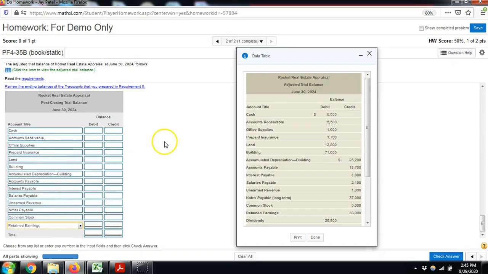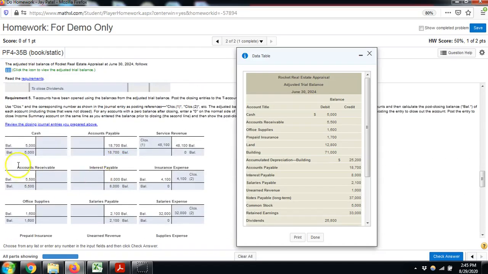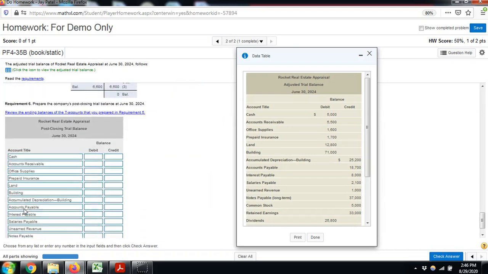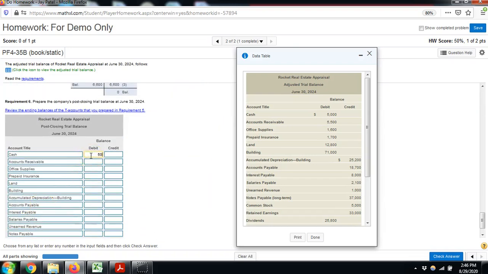And so if we go back up here, we can find all the balances. Like we see cash has a debit balance of 5,000. So I'm just going to fill them in.